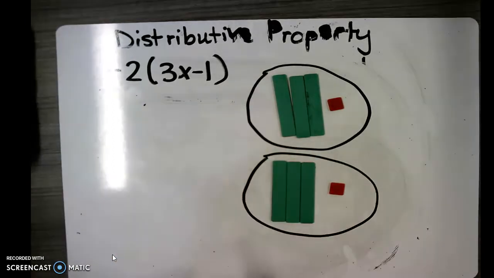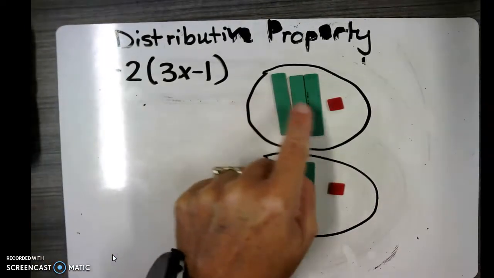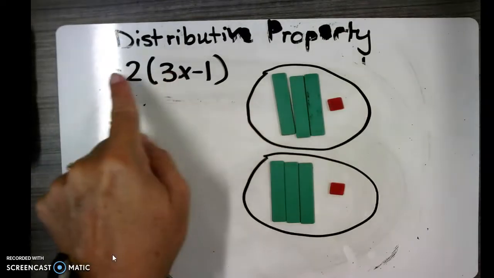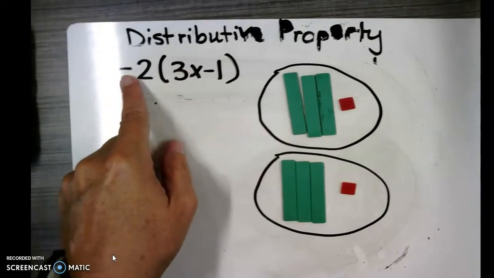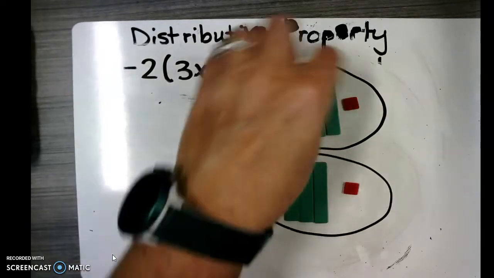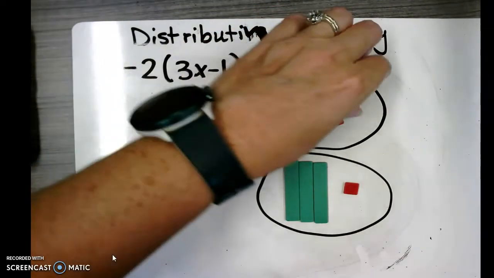Now to work with the negative, that negative really means to take the opposite of. So if I have 2 groups of 3x minus 1, and I need to do the opposite, then I need to flip them over. So I'm going to flip over all of my tiles.